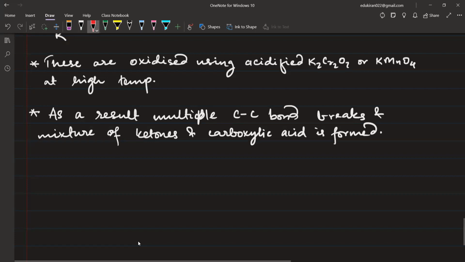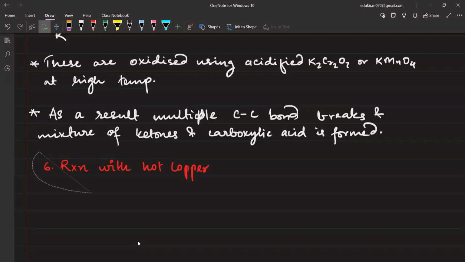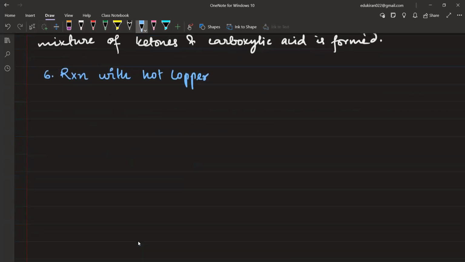Sixth one is the reaction with hot copper. Now, this also depends on 1 degree, 2 degree, or 3 degree alcohol. So please write number 1.